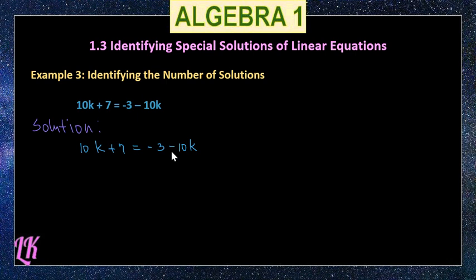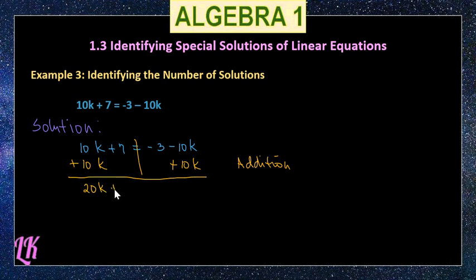So if we add 10k to each side of the equation, in order to eliminate -10k from the right side, the equation now becomes 20k plus 7 is equal to -3.